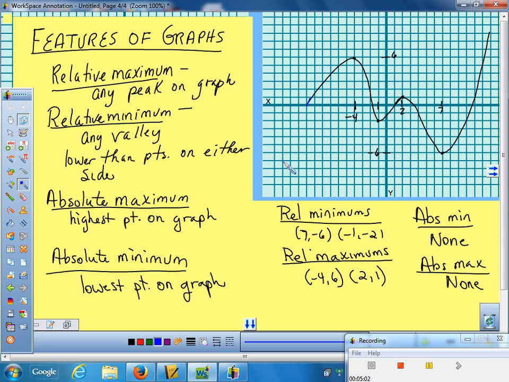Anybody think of a way I can get both an absolute point? I can make that an endpoint, yes, if I stop it dead. Or if I had an asymptote out here and I made it level off, then yes, I would have an absolute maximum at -4, 6 and an absolute minimum at 7, -6.